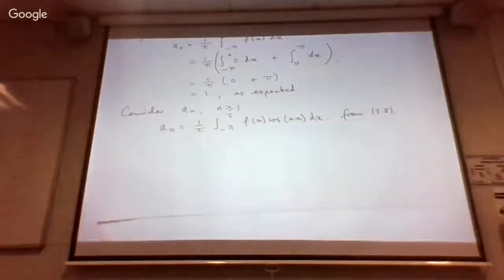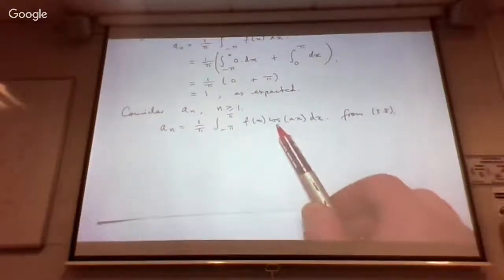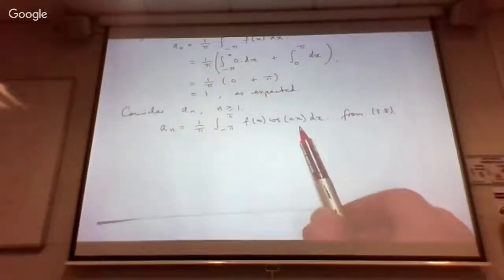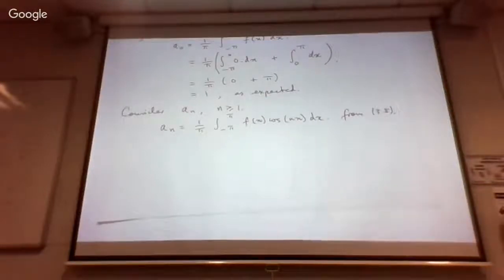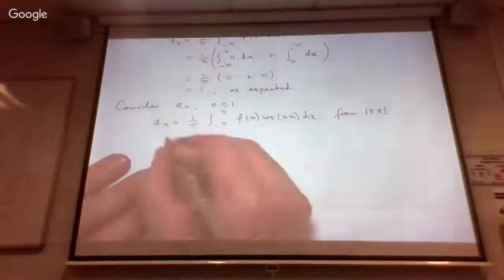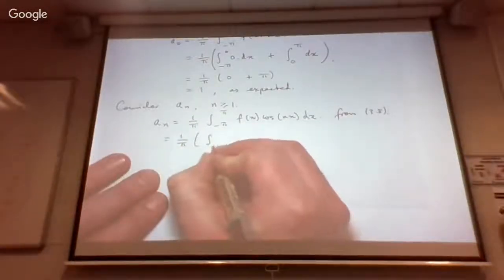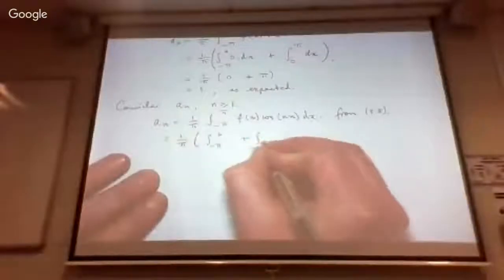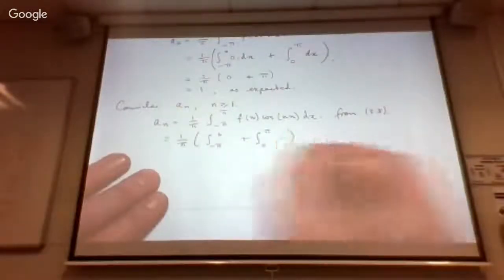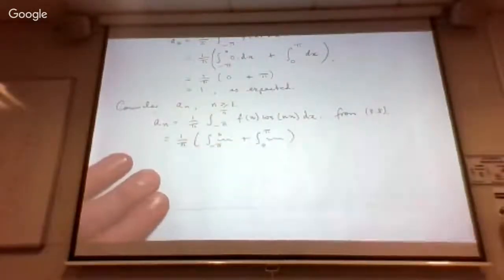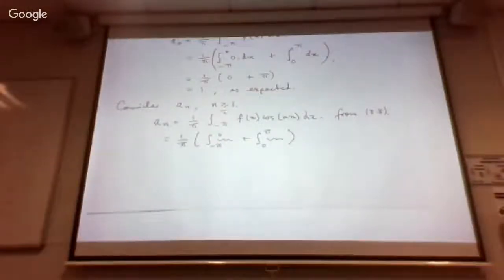If you look at equation 3.8, page 60, an is the coefficient of this basis function, cosine nx, in the Fourier series. So we split our integral up as the integral from minus pi to 0 plus the integral from 0 to pi.